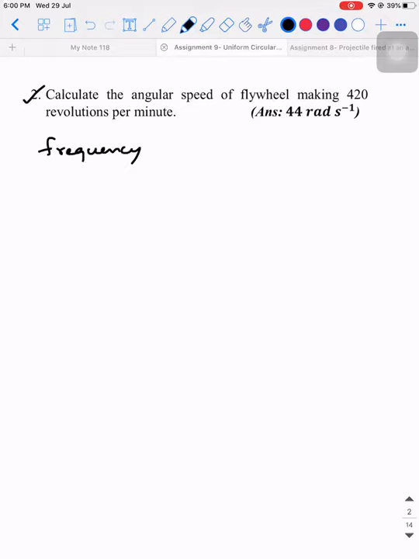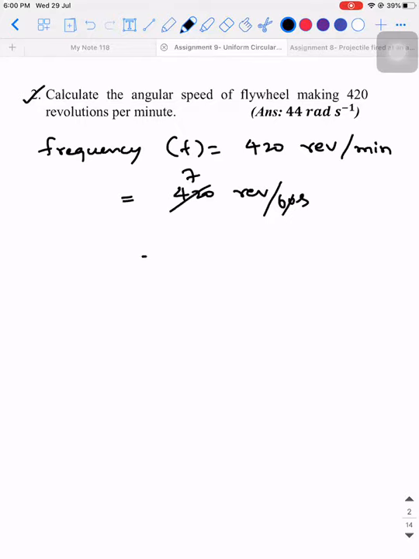Frequency is given as 420 revolutions per minute. But you always need the frequency in terms of seconds. 420 revolutions per 1 minute, which is 60 seconds. So this and this get cancelled, 7. So it will be 7 revolutions per second. So frequency is 7 revolutions per second.